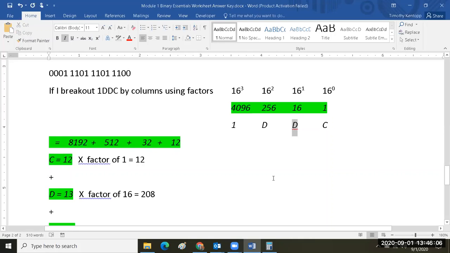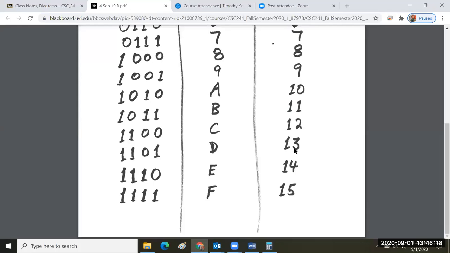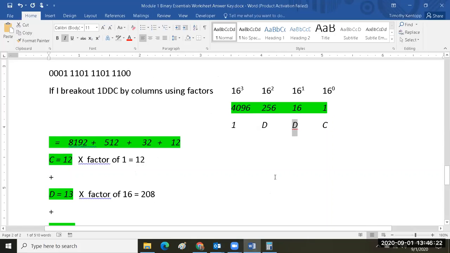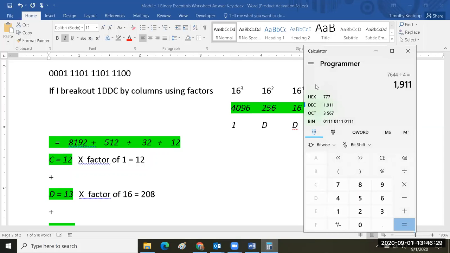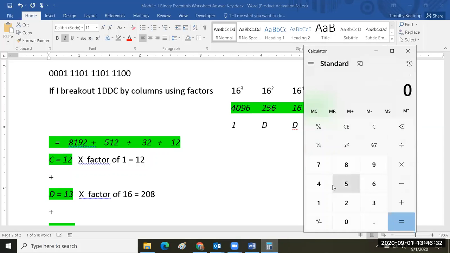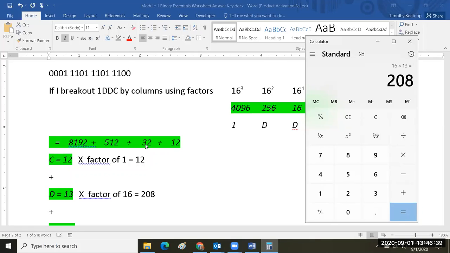What's D equal to? 13. If you look at this, D is equal to 13, right? Okay, so stay with me. What's 16 times 13? Well, I'm going to take a calculator and do that, right? 16 times 13. It's 208.